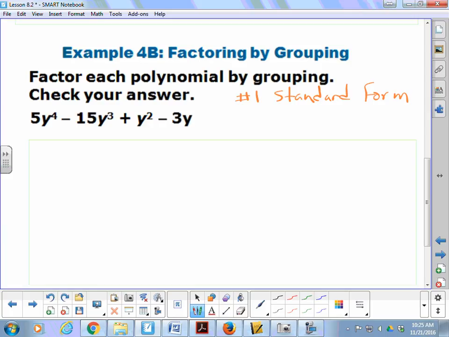Then number 2, factor in groups. Group 1 and group 2.